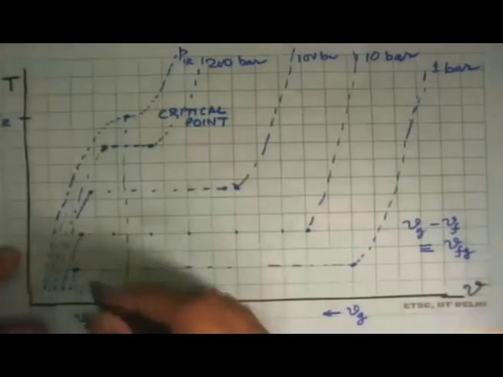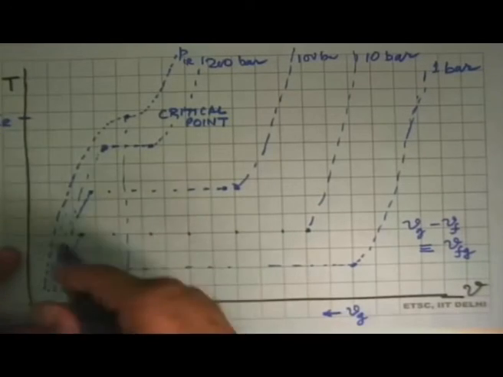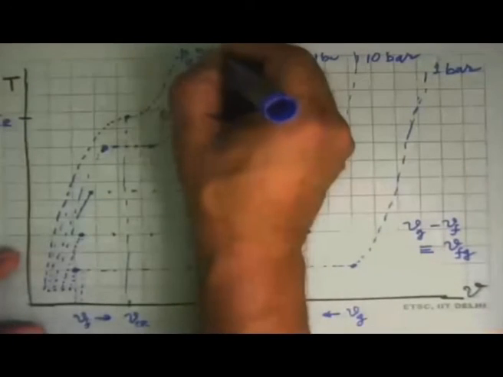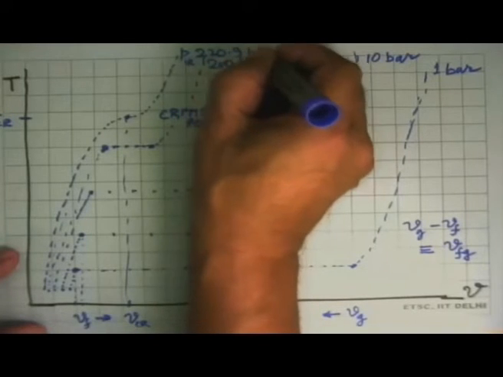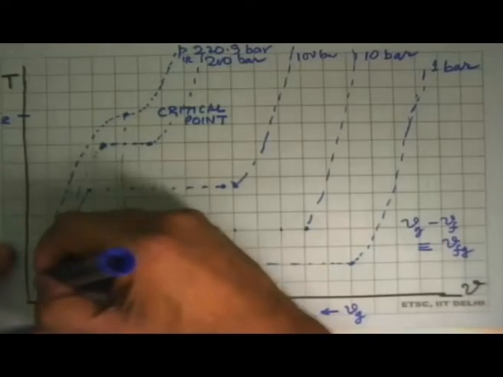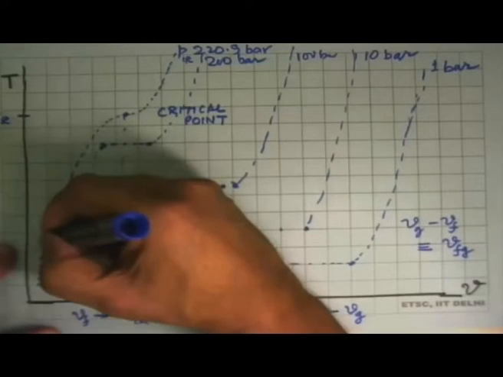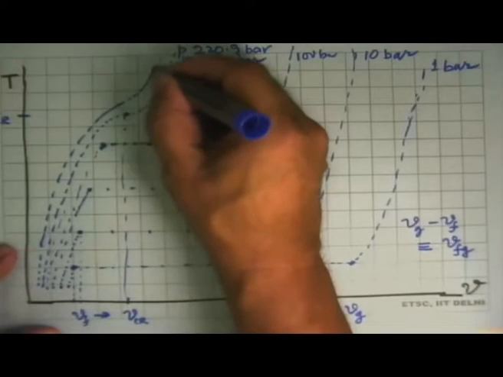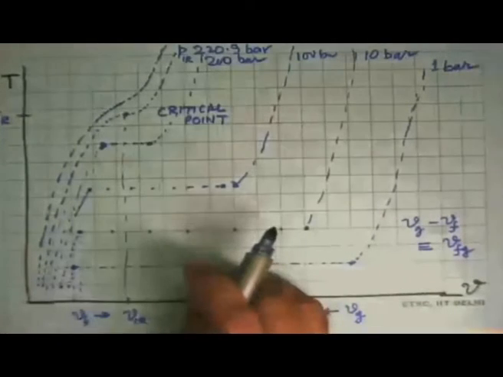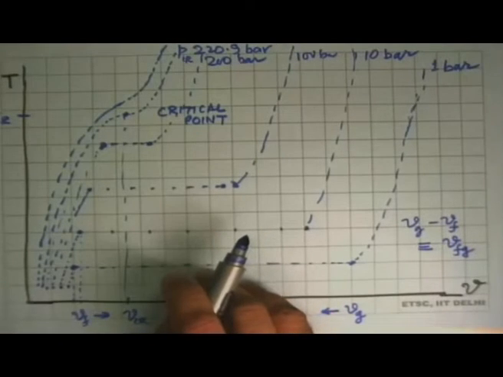And what it tells us is that if you do this isobaric heating, at pressures for water, this is about 220.9 or 220.6 bar, something like that. And at even higher pressures, at 300 bar, this line will go up and just continue like that. It will never come to a zero slope.